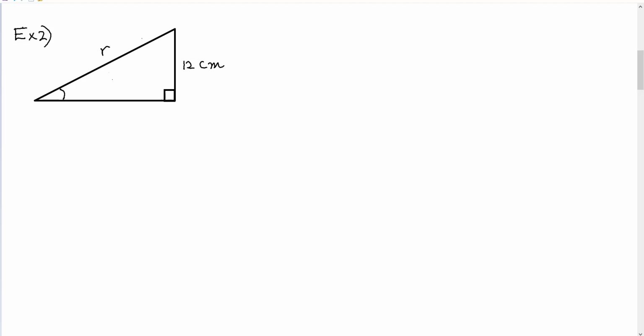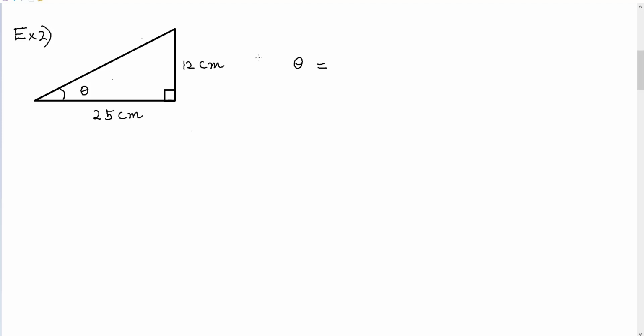So I'm going to write this one as theta, and I'm going to delete this and write this one as, let's say, 25 centimeters. How do you find the theta? How do you find the theta if I give you this? So go ahead, use tangent theta, find the theta for me, and I'm going to wait for you.